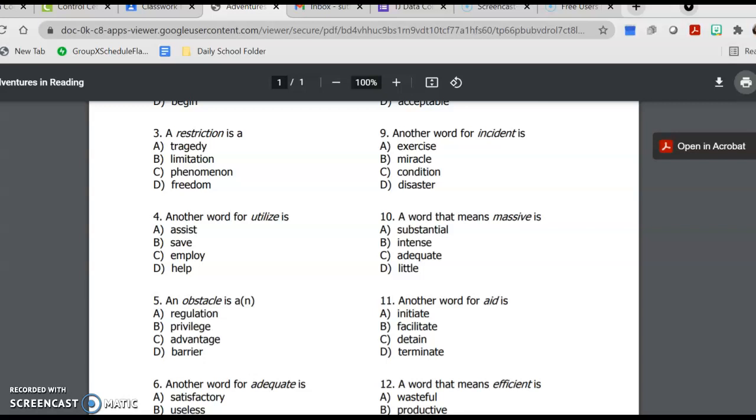Number 10, a word that means massive is A, substantial, B, intense, C, adequate, or D, little.